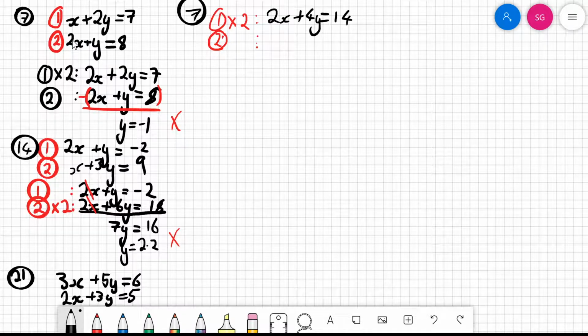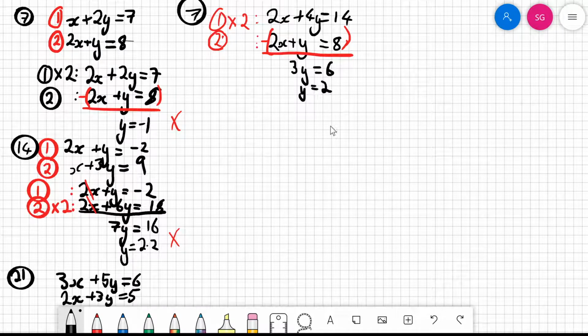Now for question 2, 2x, y we're going to keep, and 8. Okay, now what do we do? Well, we subtract the value. And we will end up getting 3y equals 6.